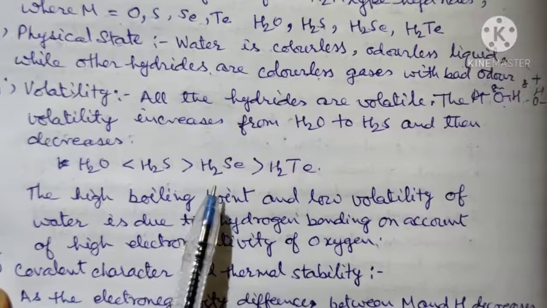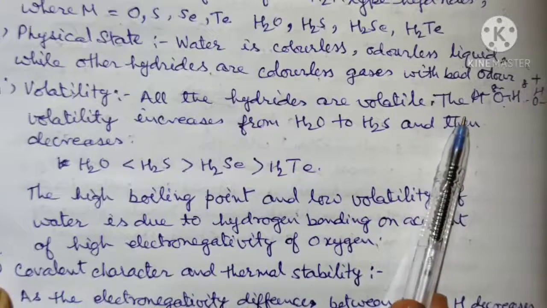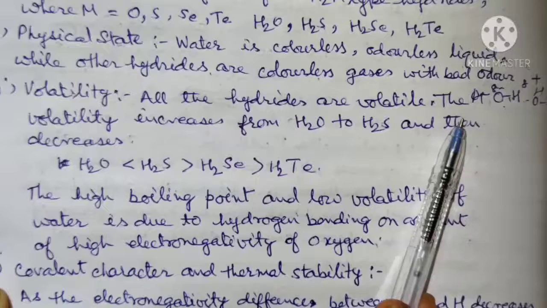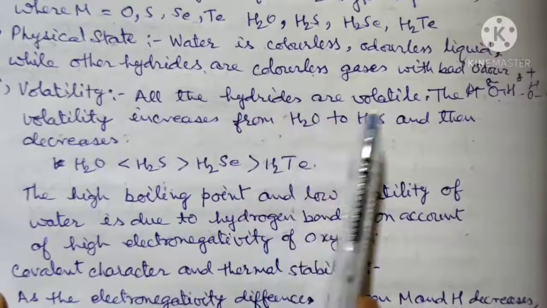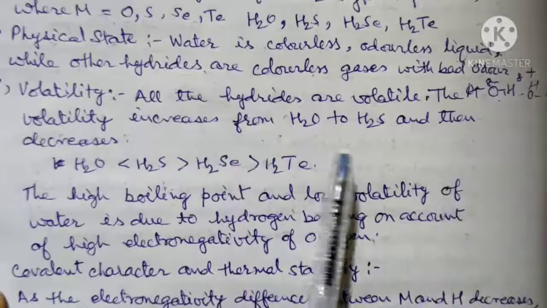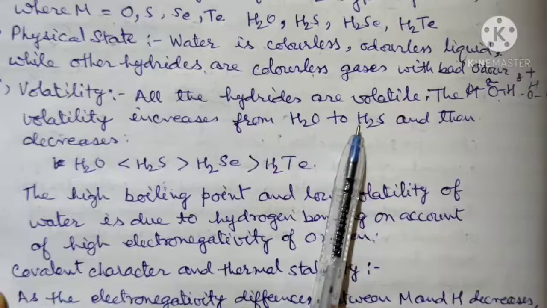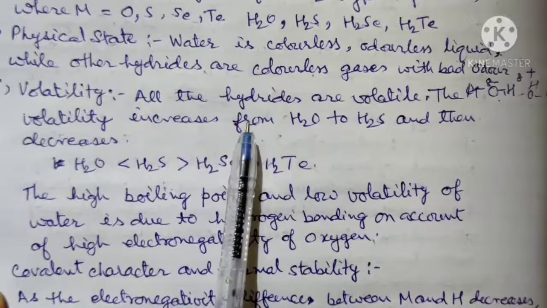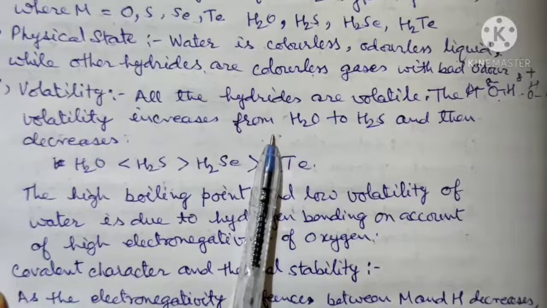Now the second is volatility. All the hydrides are volatile. Water has low volatility. Again, the reason for the low volatility is the hydrogen bond, because the water molecules are associated due to the formation of hydrogen bonds, and that's why water is the least volatile.